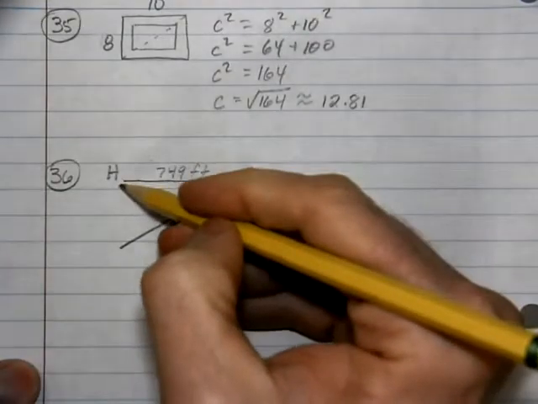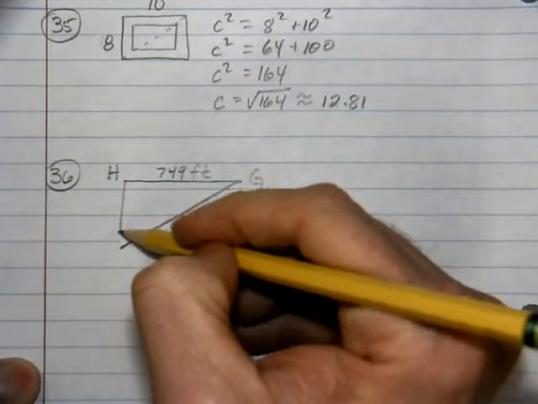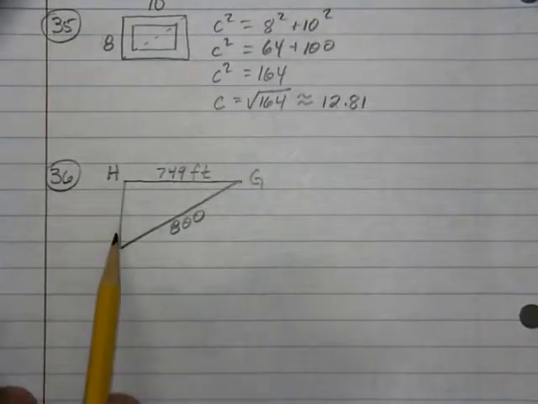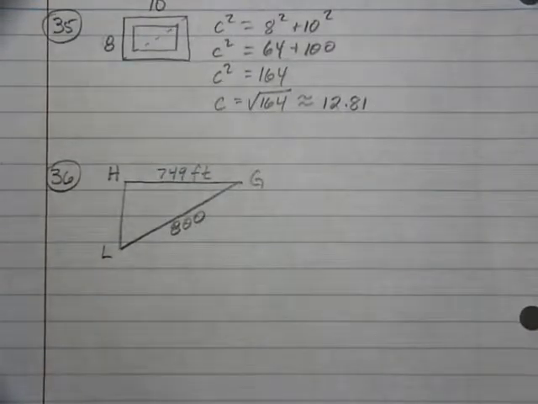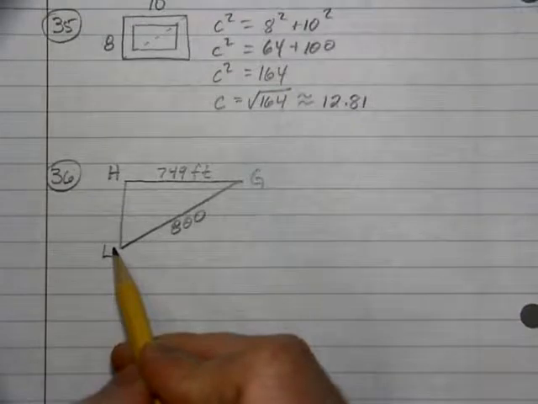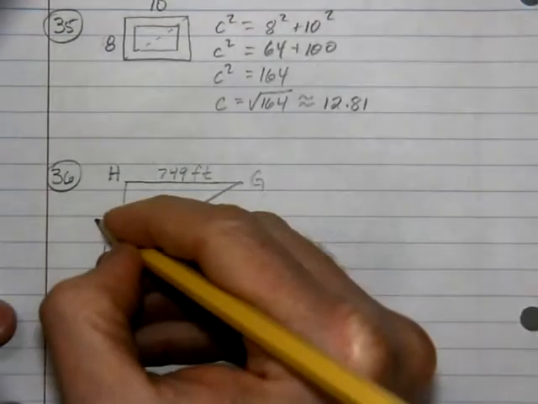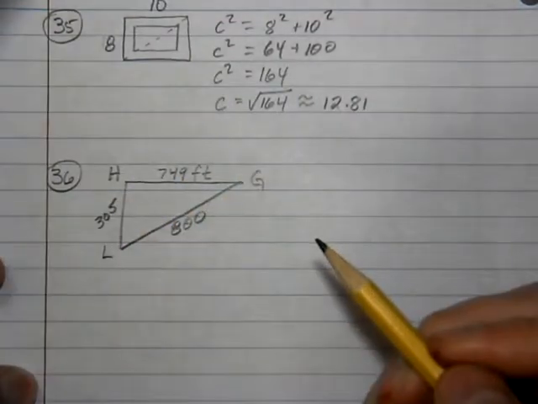So the question is, is home exactly north of the library? If it's exactly north of the library, then we need a 90-degree angle. To get home, that's 305 feet. So we're just testing to see if this makes a right triangle.